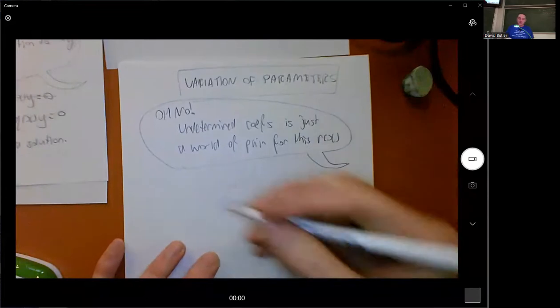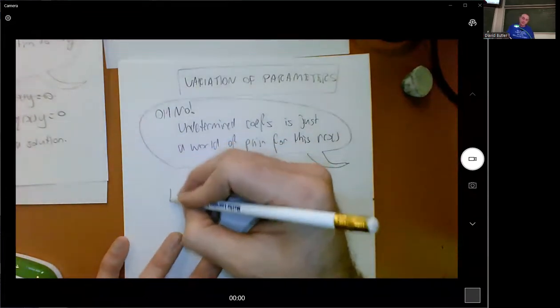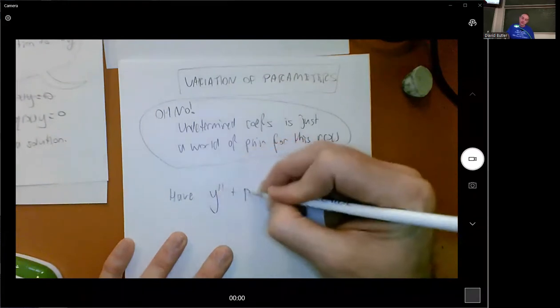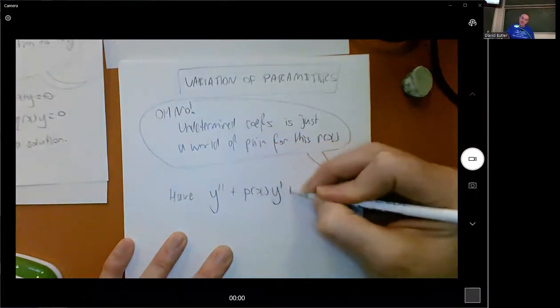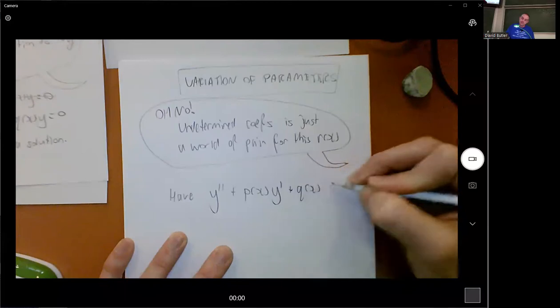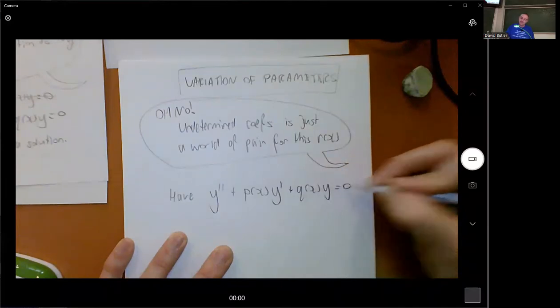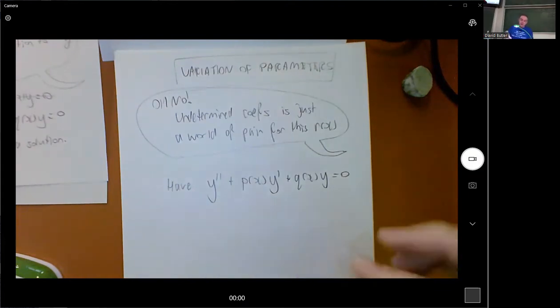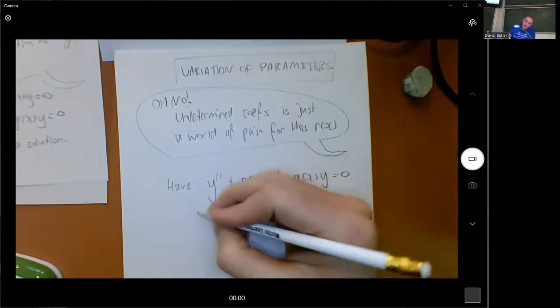And so we're going to say that we have this thing. But it doesn't just apply to the constant coefficient ones, though the constant coefficient ones are one of the places where the problem happens. So we have this thing.